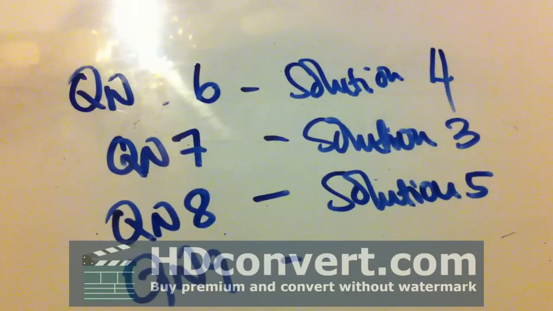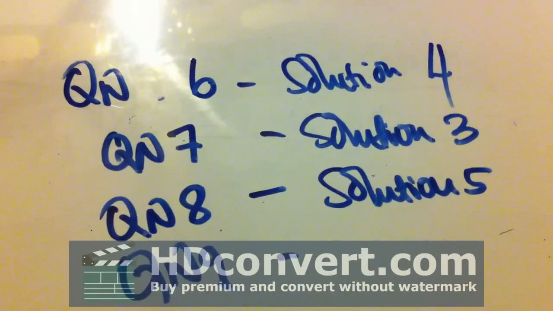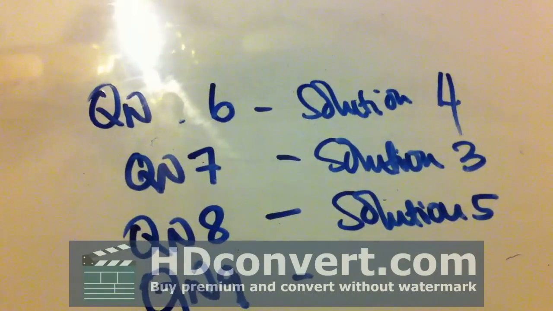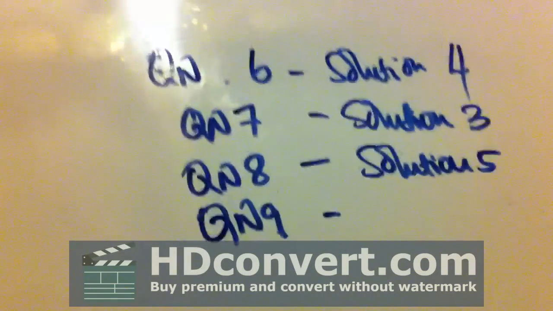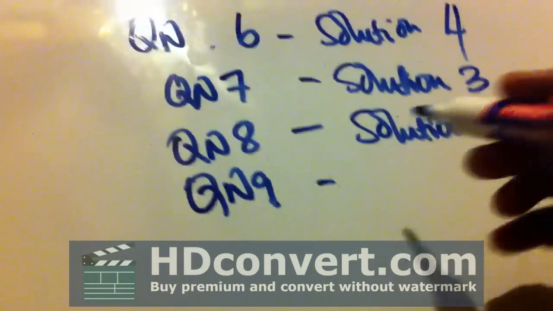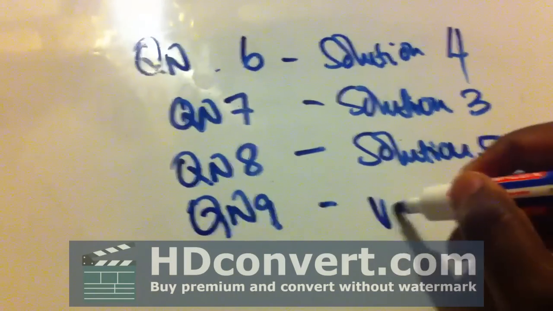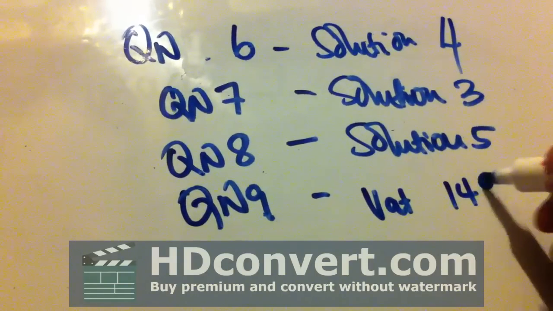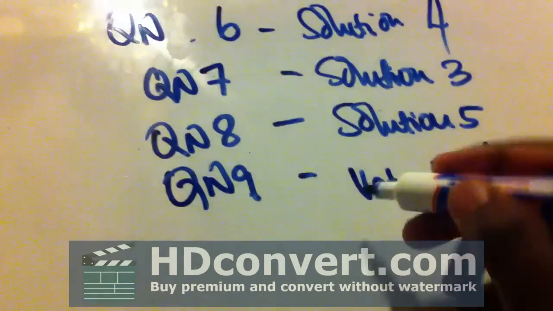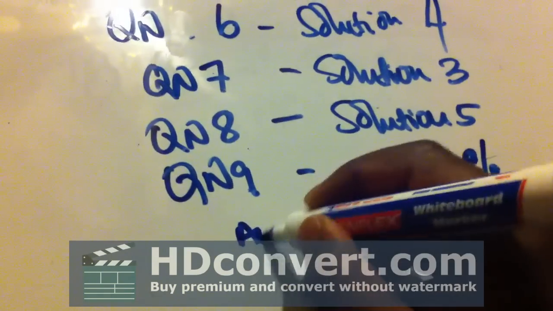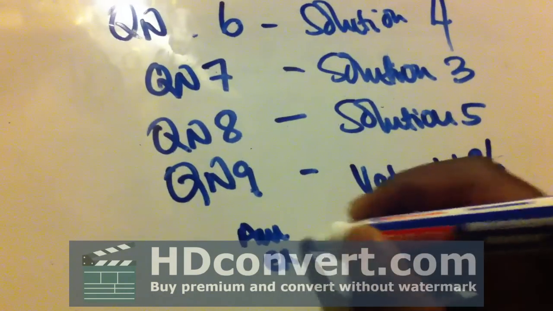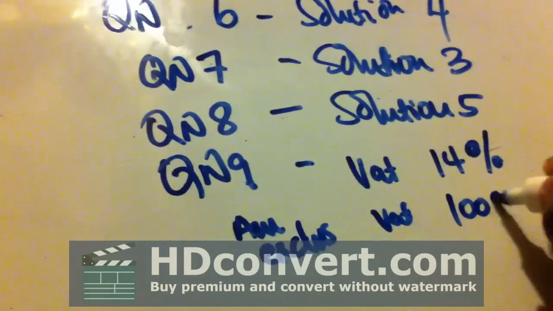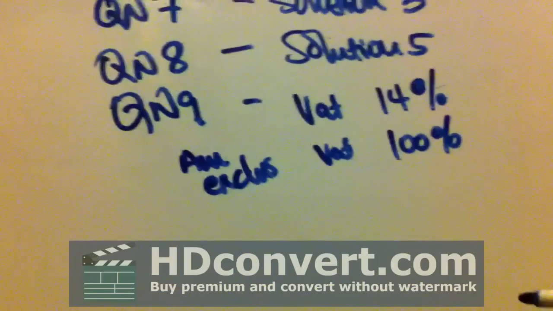We're given an amount with VAT 14%. We're calculating the VAT exclusive amount. So the principle is when you are given VAT as 14%, an amount exclusive of VAT is equivalent to 100%, right?